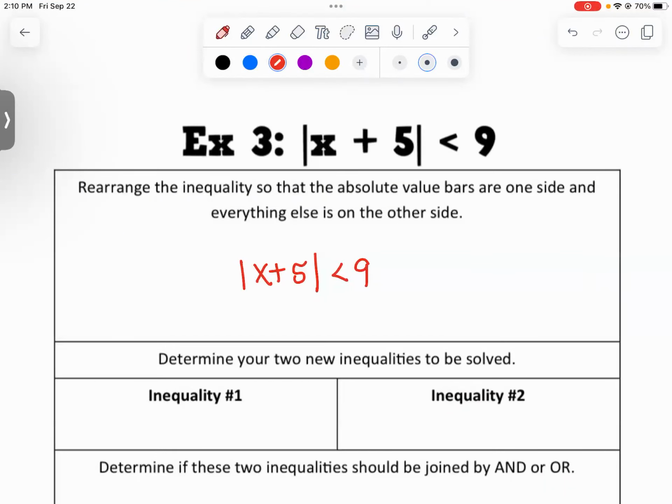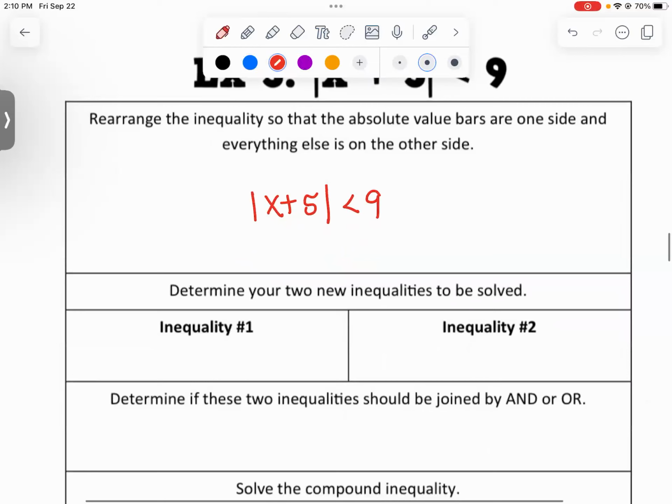Now for our two inequalities, remember we're going to remove the absolute values and just keep it x plus 5 is less than 9. Then we're going to flip or switch and switch. So both of these change signs.